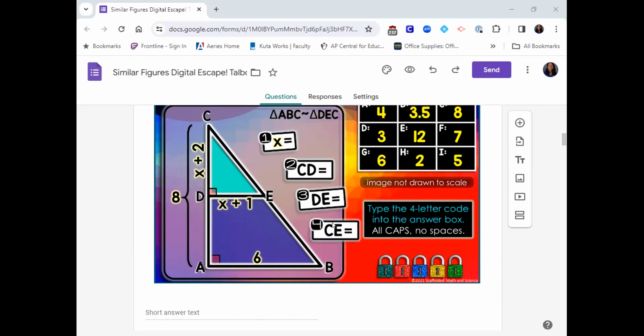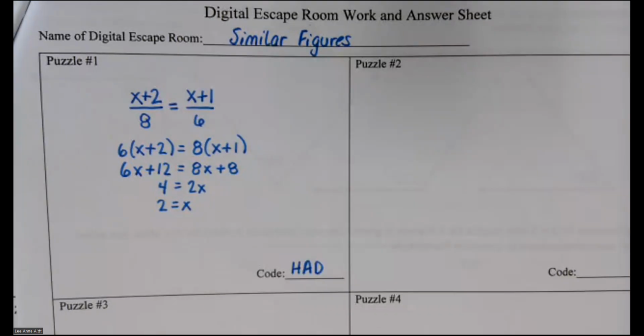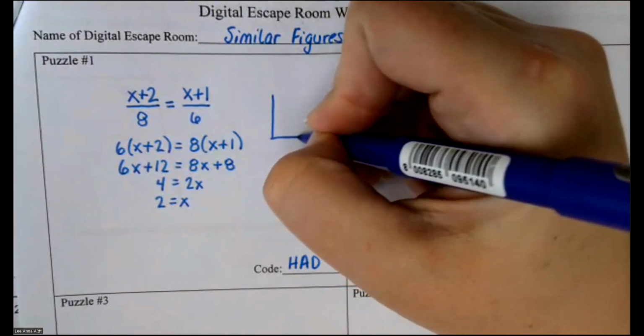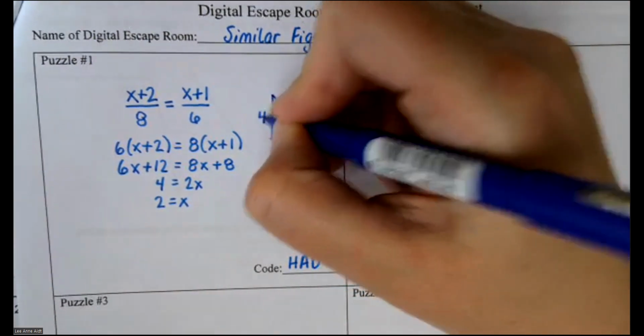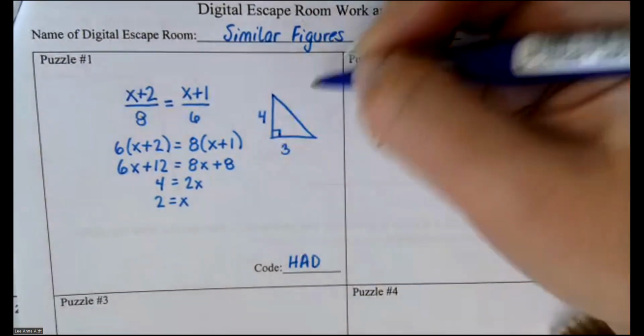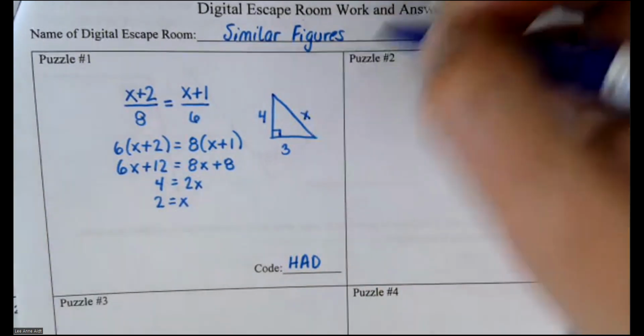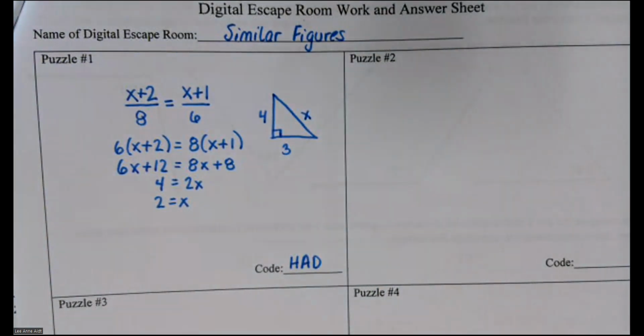What do you have to do to get that? Pythagorean theorem. So what was it? 4 and 3? So you've got something like this. Do you see what I mean? Okay.